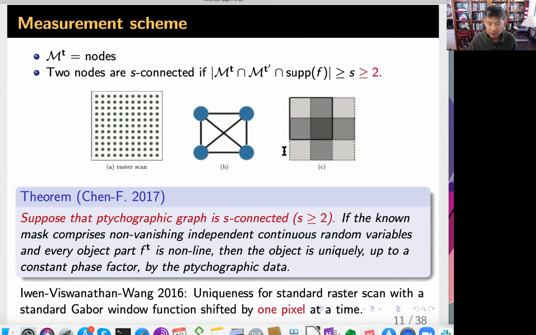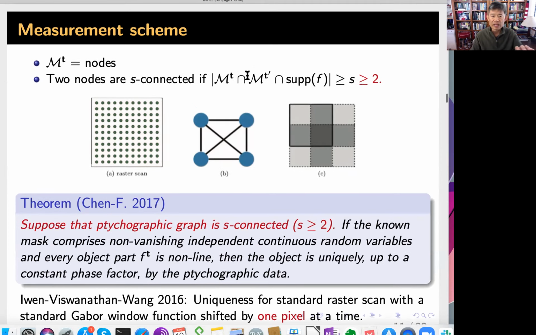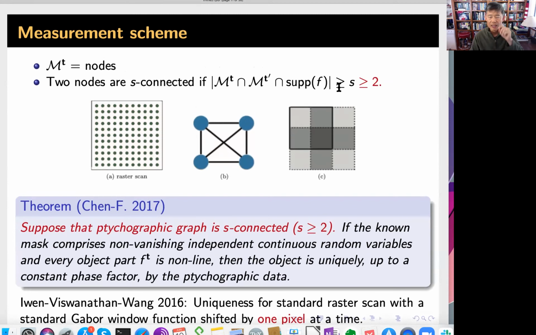And this probe is represented by this node. If they satisfy this condition, the two adjacent probes overlap with the support that has cardinality S greater than 2.